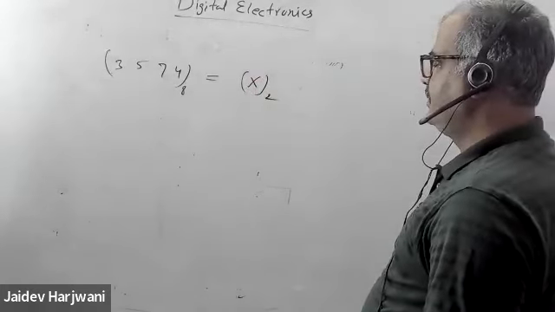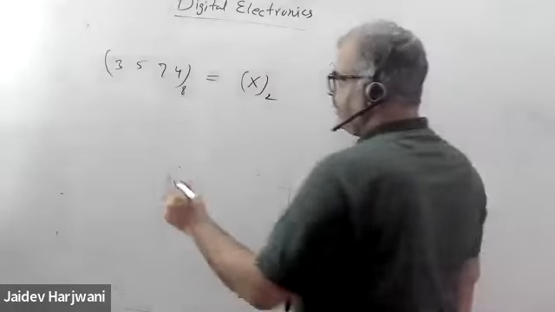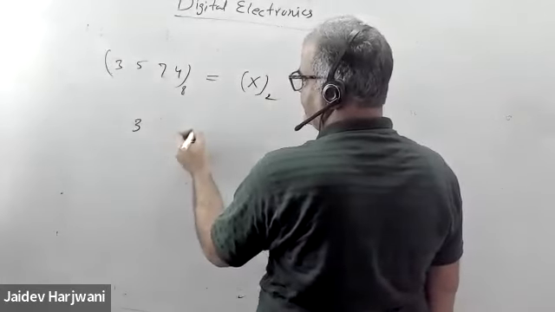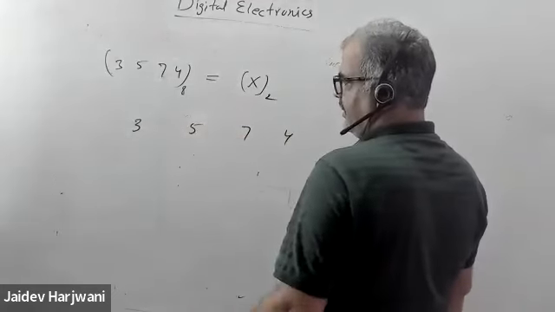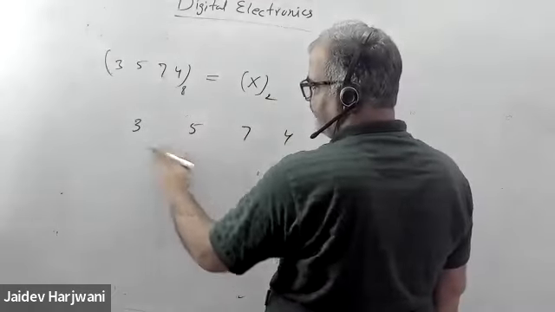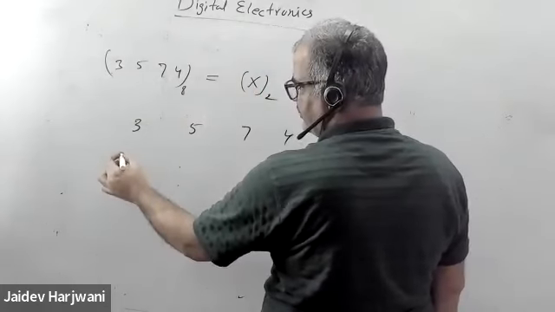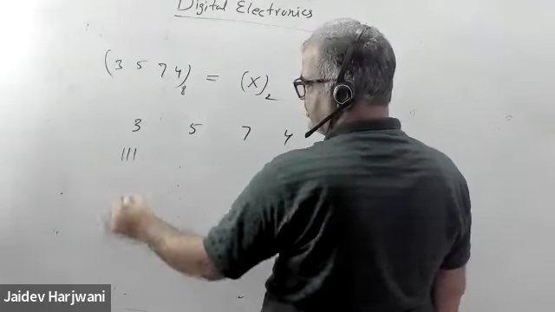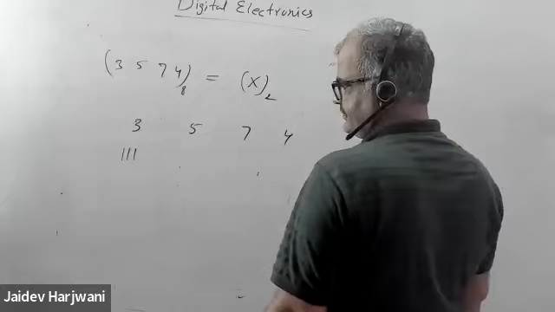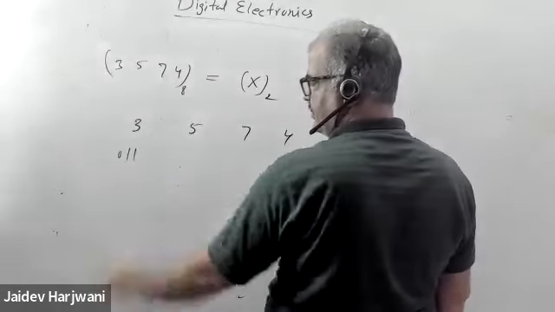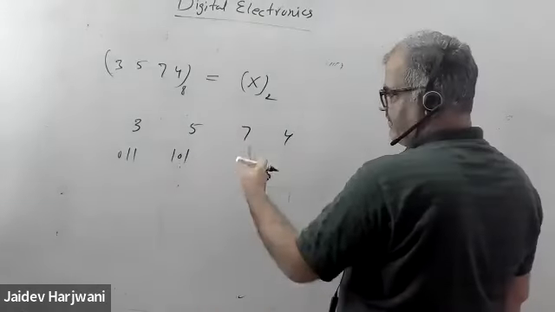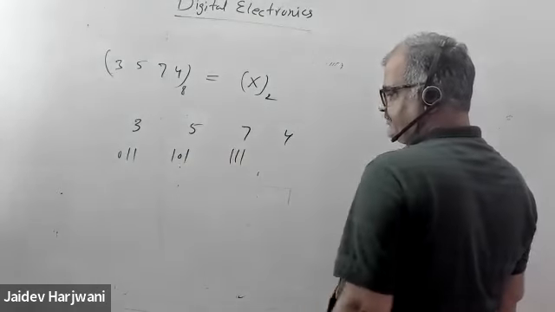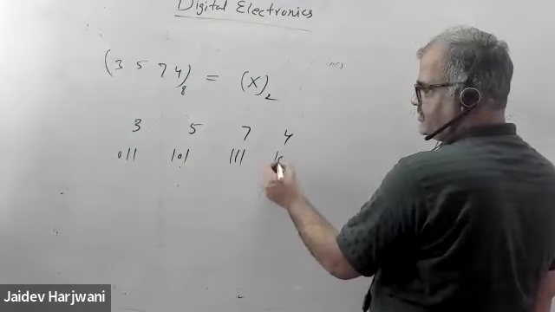It is very simple, no need to do anything, just write this number 3574 and write its binary equivalent. The binary equivalent of 3 is 011. 5 is 101. 7 is 111. And 4 is 100.